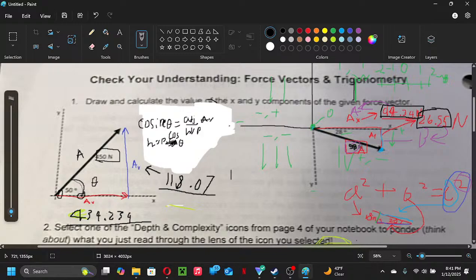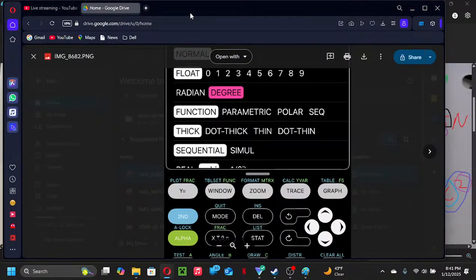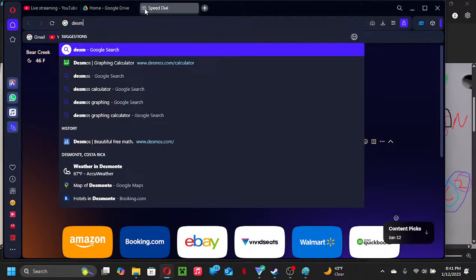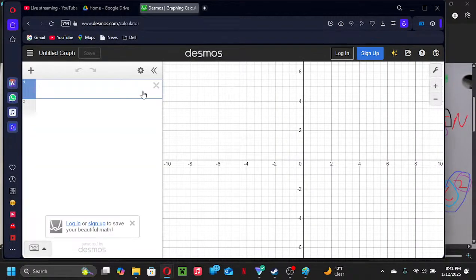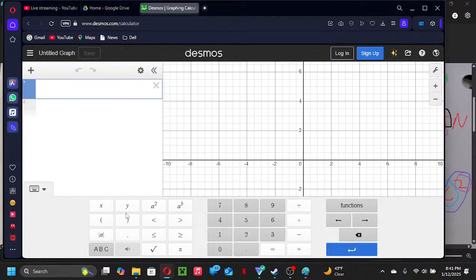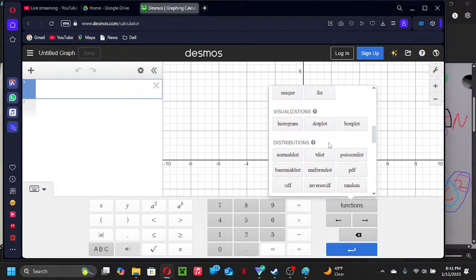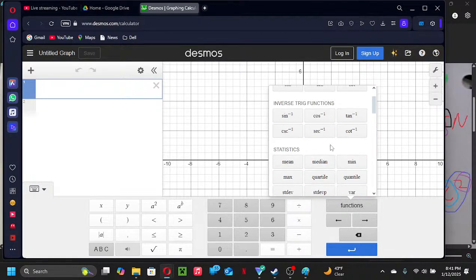The ones that Mr. Galanis is looking for is this. Let me go to Desmos. These are the actual correct answers that Mr. Galanis is looking for in this case. Functions.